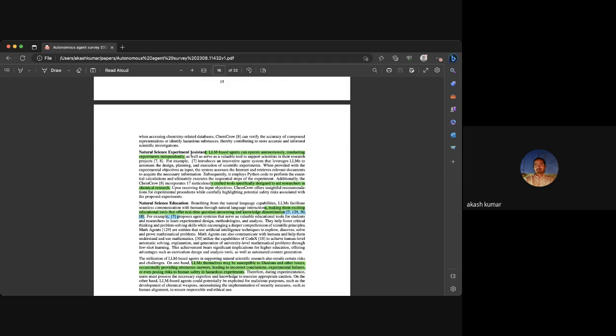Another theme, as I said, is assistant. So, natural science experiment assistant. These LLM-based agents can operate autonomously, conducting experiments independently. To give you an example, this paper, reference number 7, is referred to a lot, and it will be really interesting to cover this next week.